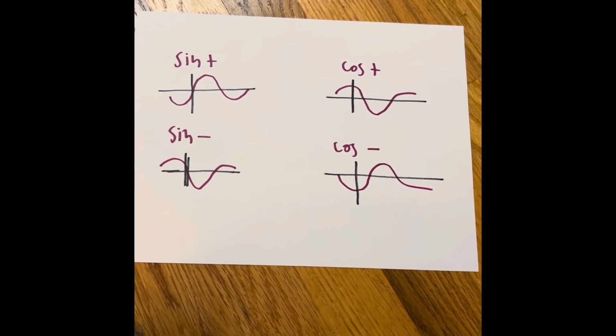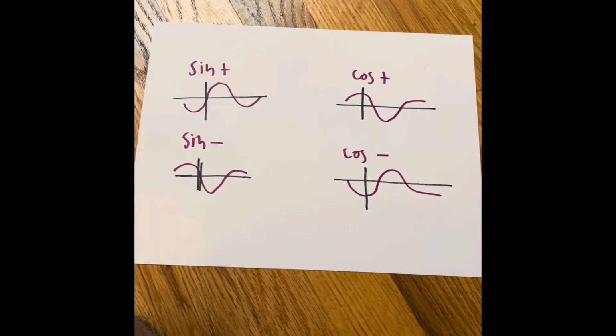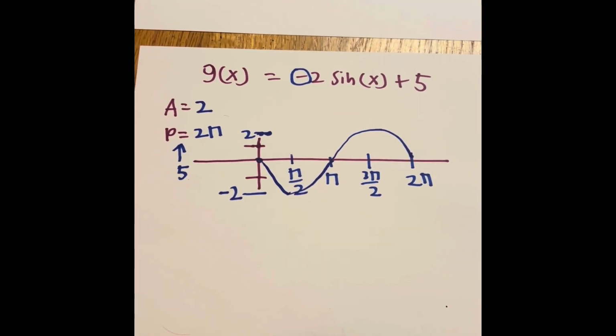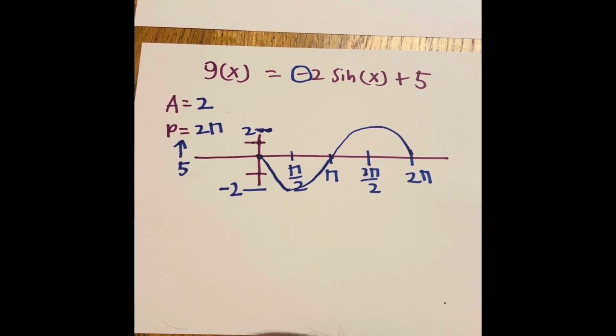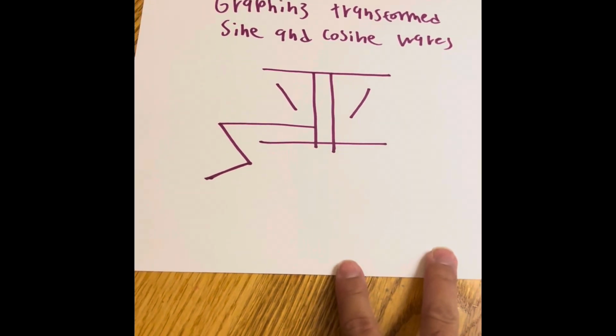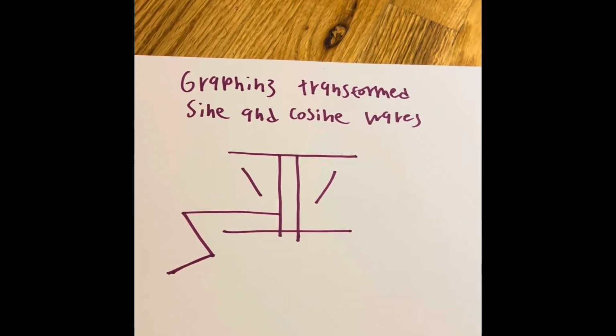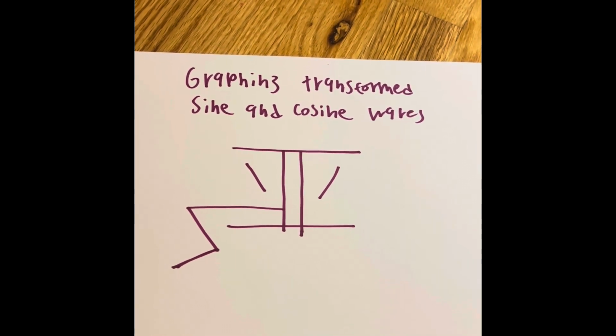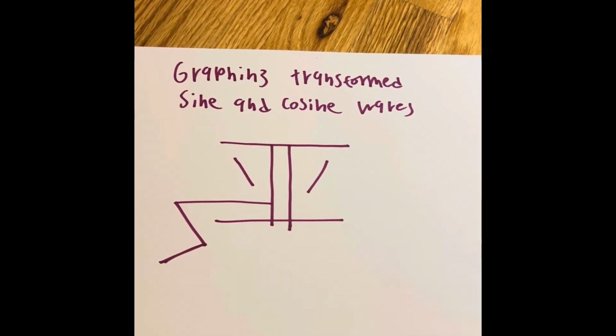So there's less confusion. So this example is an easy, simplified way to understand how to graph the transformed sine and cosine waves. I hope this video has helped you understand how to graph the transformed sine and cosine waves.